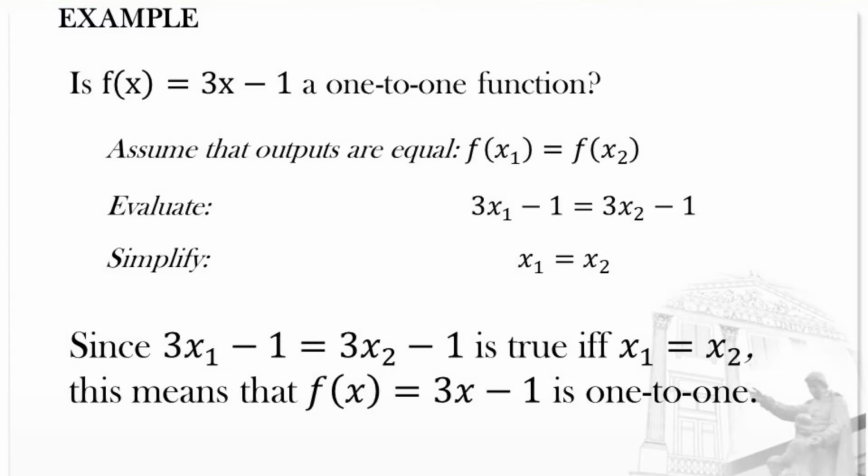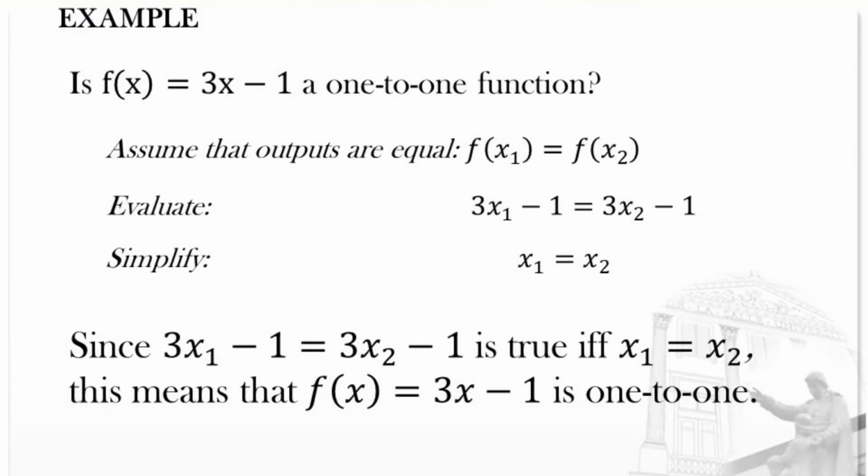So to verify: 3x sub 1 minus 1 is equal to 3x sub 2 minus 1. If you simplify it, x sub 1 is equal to x sub 2. Therefore, 3x minus 1 is a one-to-one function.